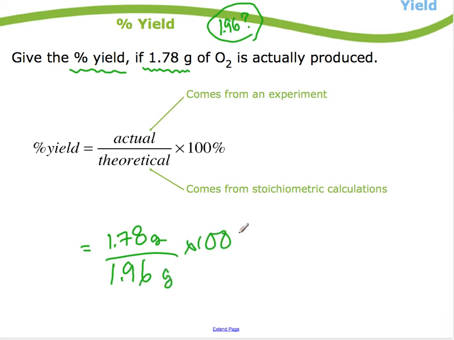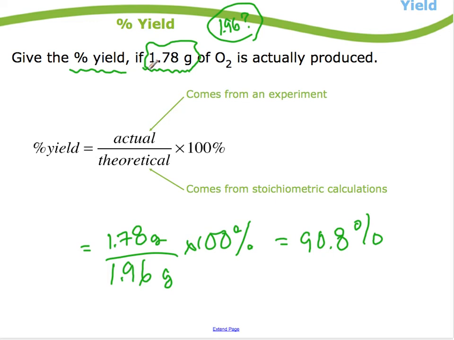If I divide those two and multiply by 100%, it'll tell me what my percent yield is. So 1.78 divided by 1.96 times 100 equals 90.816, we'll call it 90.8%. So if I did the experiment and that's the weight of oxygen that I got, the percent yield would be 90.8.